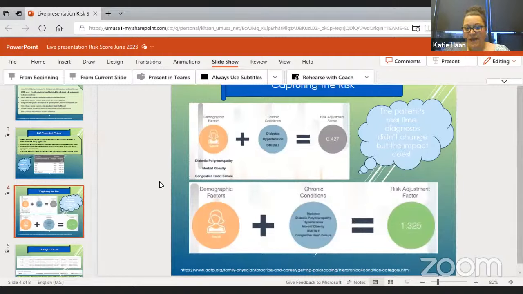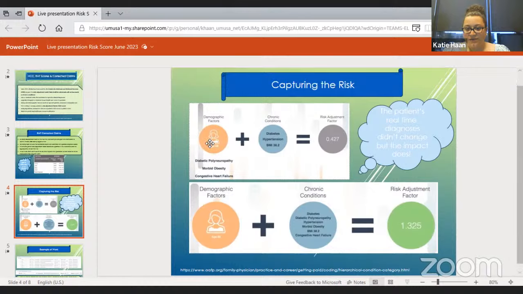So this is capturing the risk. You can see that there's a patient here who has diabetic polyneuropathy, morbid obesity, and congestive heart failure. If you combine all of those diagnoses, you get a risk score of 0.427. However, when we look at all of the issues that the patient actually has and make sure that they're coded to the highest level of specificity, we can see that there are a couple more specific things, specifically congestive heart failure.